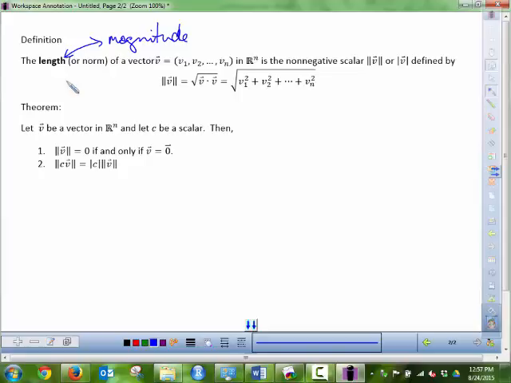So the magnitude is denoted with double bars, and most of the time I'll be using double bars, although sometimes I use single bars. But let's think about a single bar. What does a single bar look like? Absolute value, right? And what is the absolute value anyways?